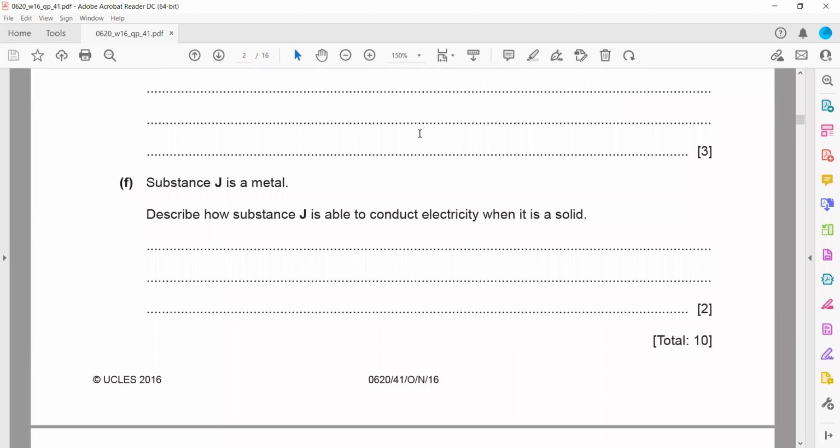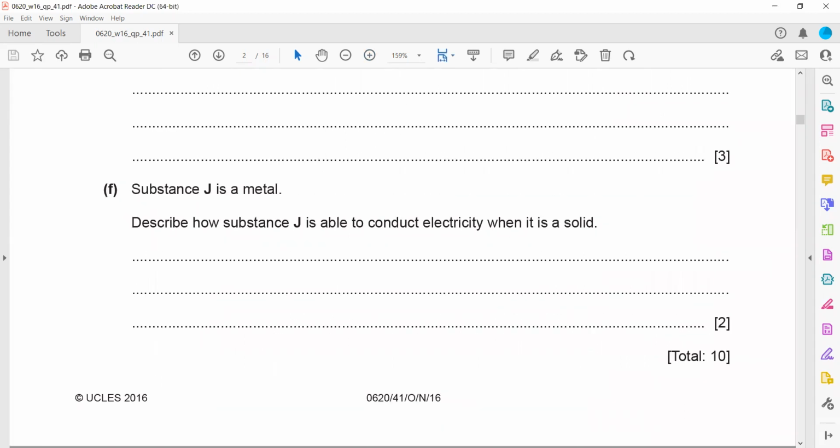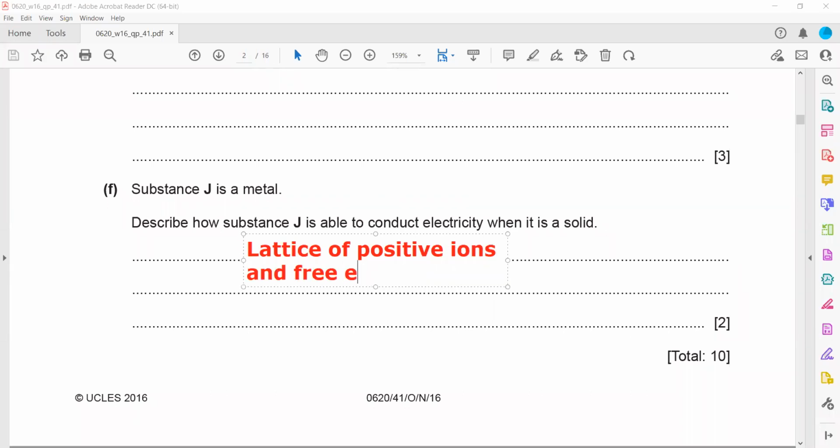So it has a lattice of positive ions and free electrons, and these electrons can flow or move through the structure. That's why it can conduct electricity in a solid state.